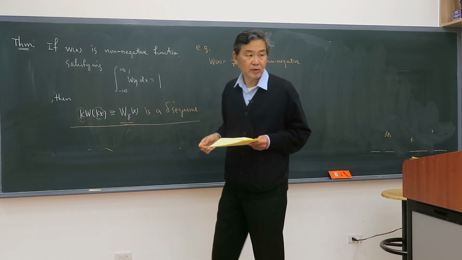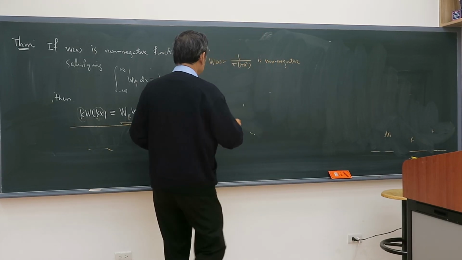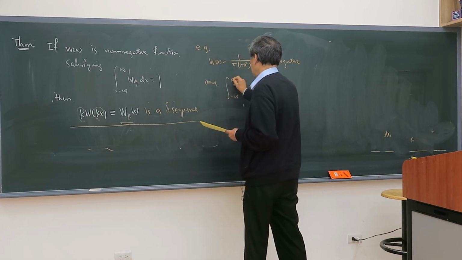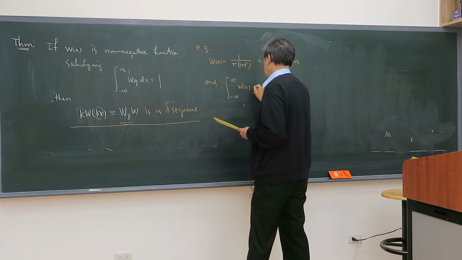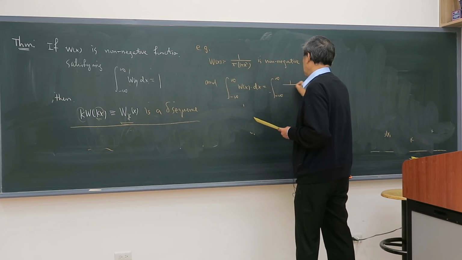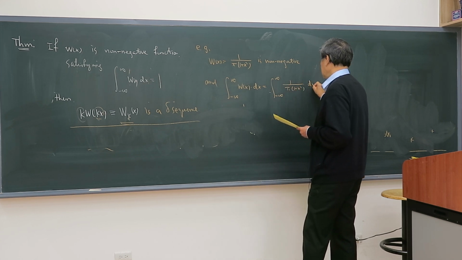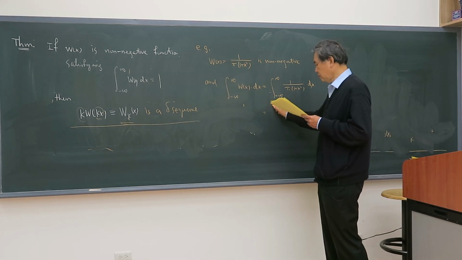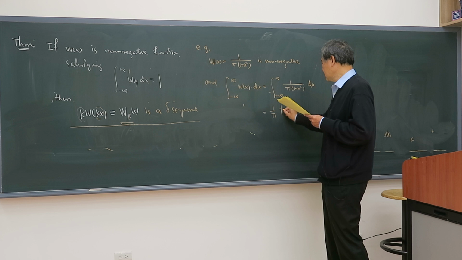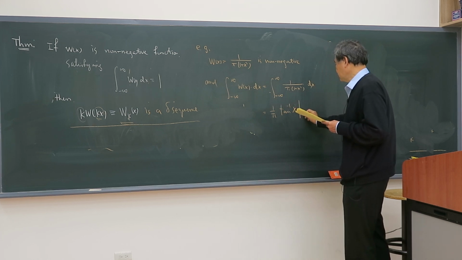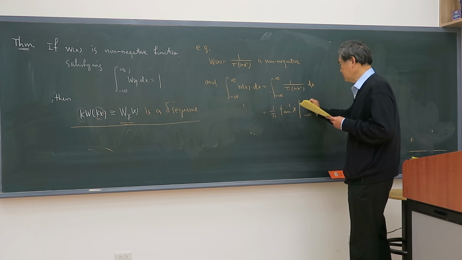And also the integral from minus infinity to infinity of w(x) dx equals the integral of 1 over pi(1 plus x squared) dx, which is 1 over pi times arctangent x from minus infinity to infinity.